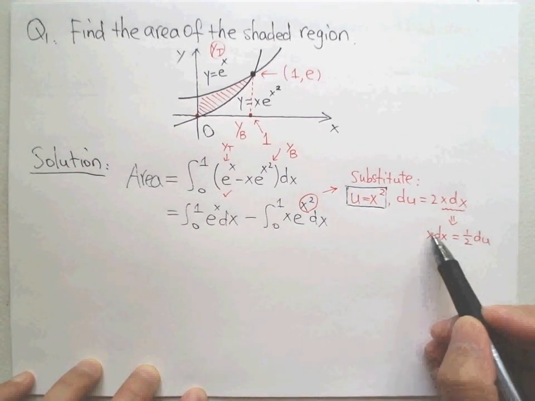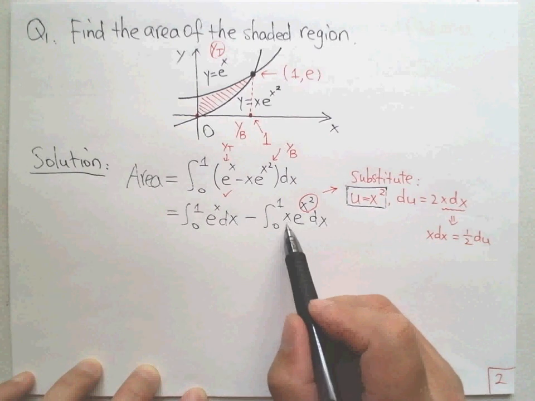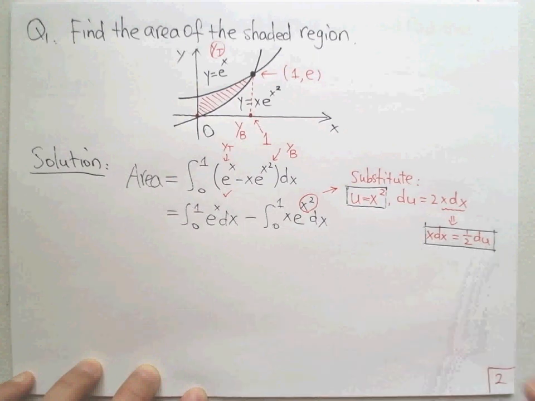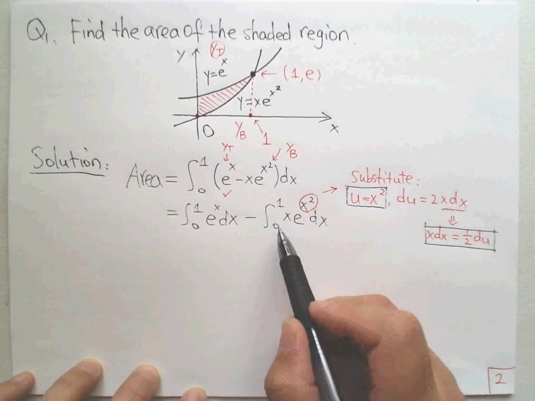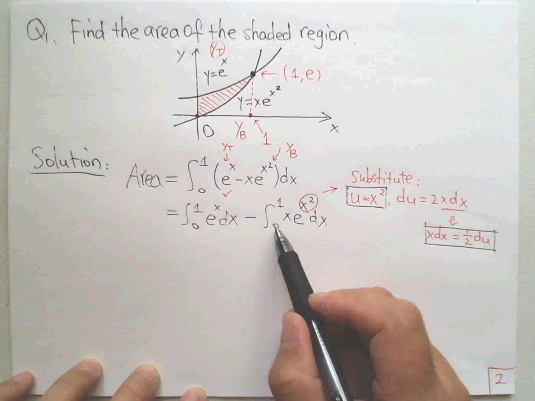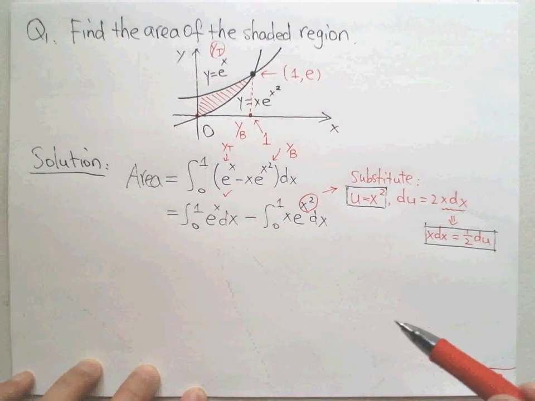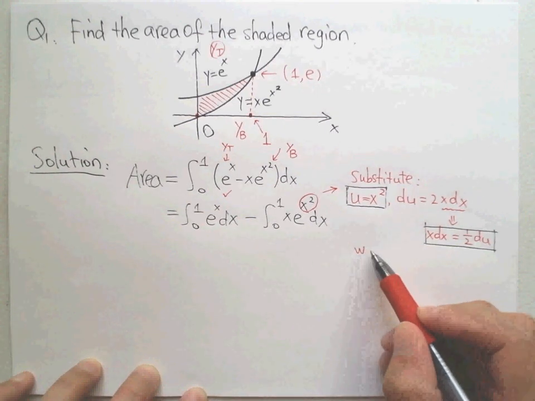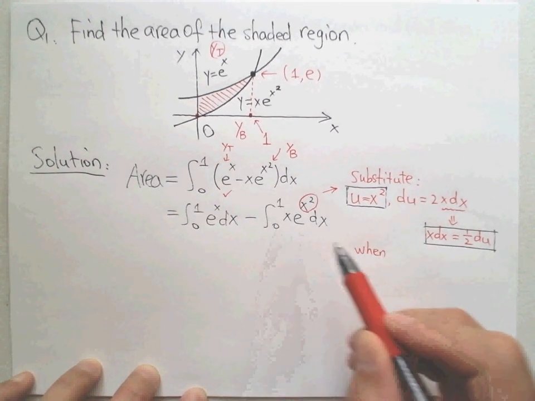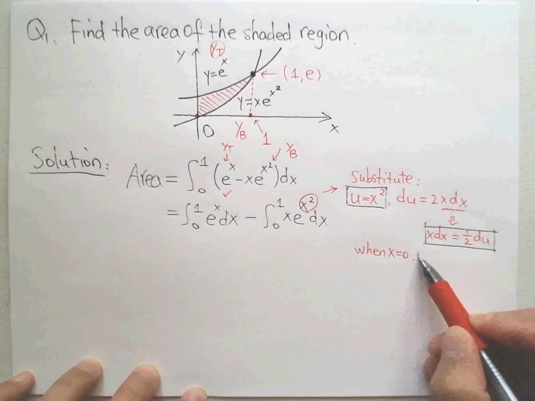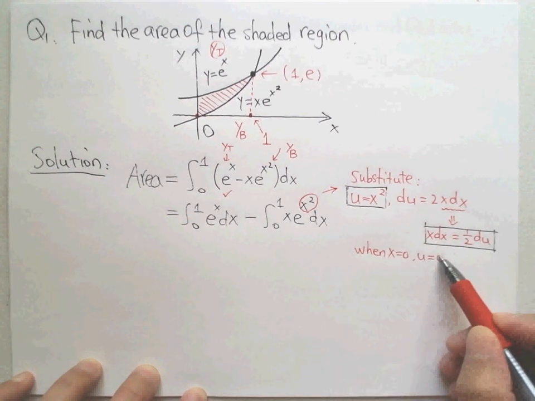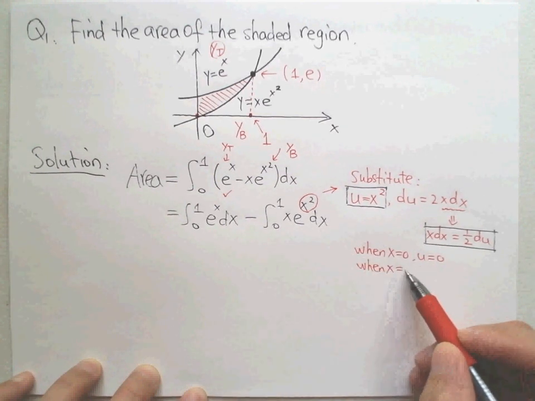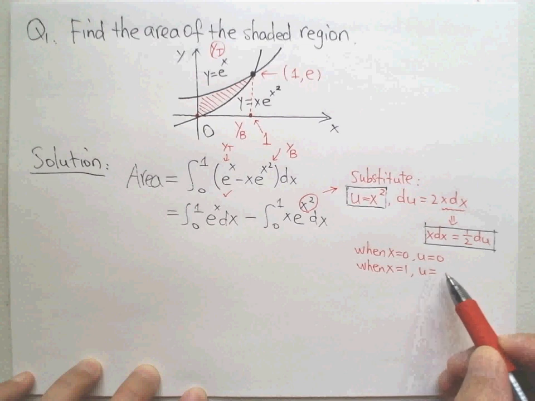One more thing, don't forget the limits. We have to change the integration limits. When x equals 0, u equals 0. And when x equals 1, the upper limit, u also equals 1.